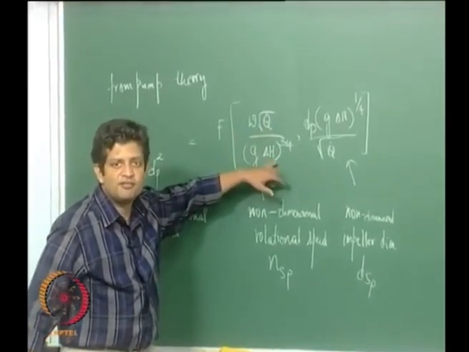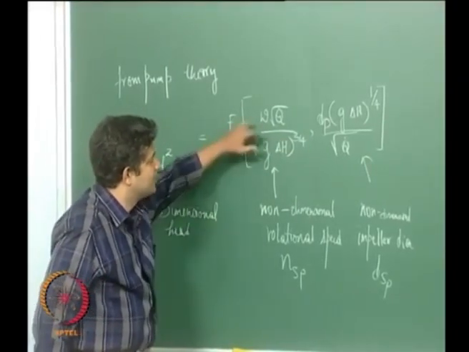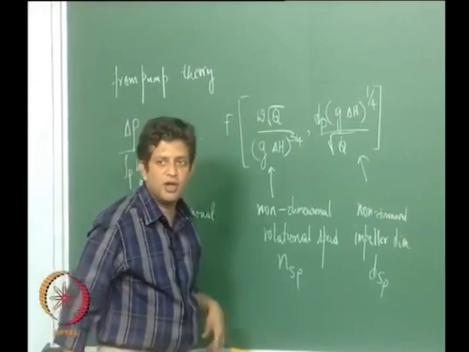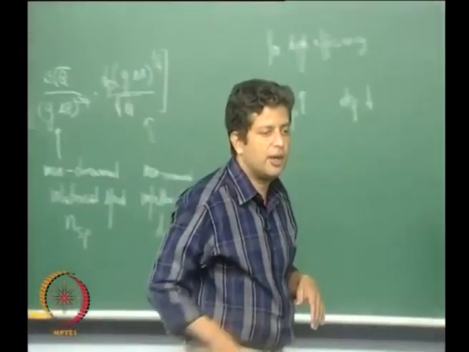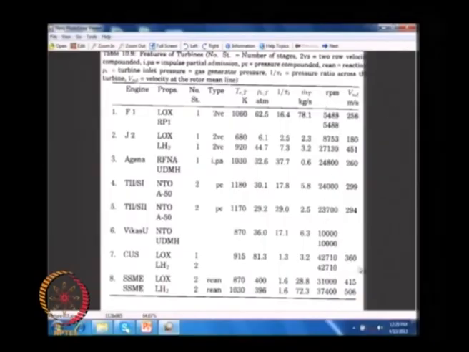Okay. For a fixed flow rate and pressure head, the only way you can get a high NSP is by increasing the rotational speed. And if you look at the numbers here, they are rotated at very high speeds for the LOX hydrogen systems, something in the range of 40,000 RPM. Okay, very high RPMs.